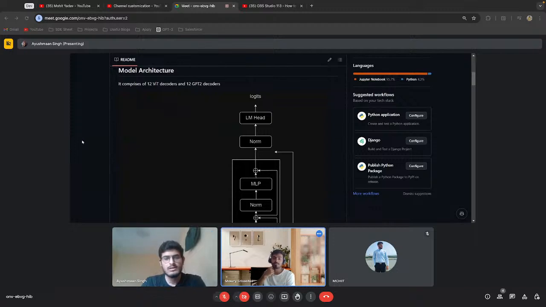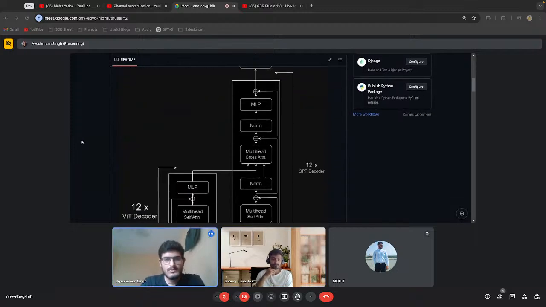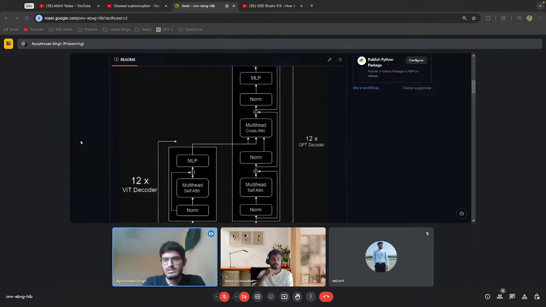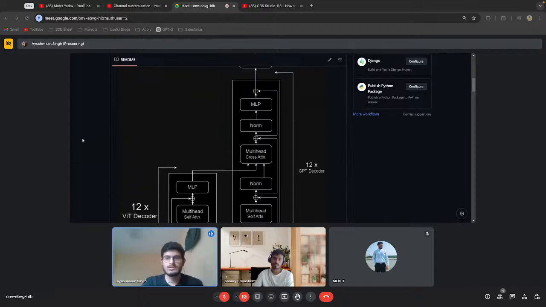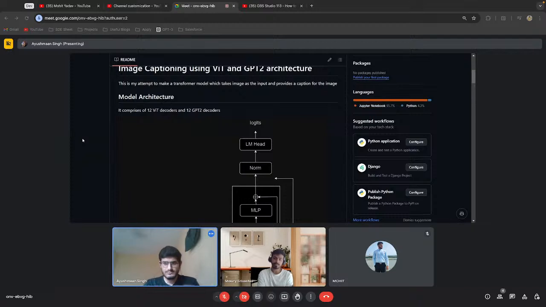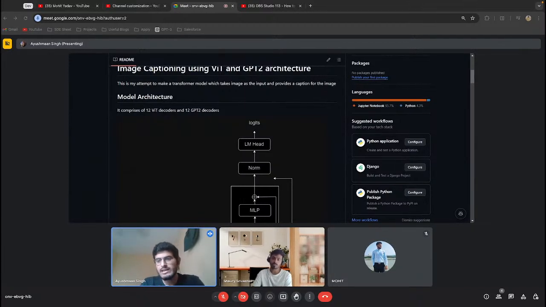I was just starting with transformers, so I had read a lot of theory. I wanted something to implement, and this seemed like a very good project, which can include both the computer vision aspects and NLP tasks.